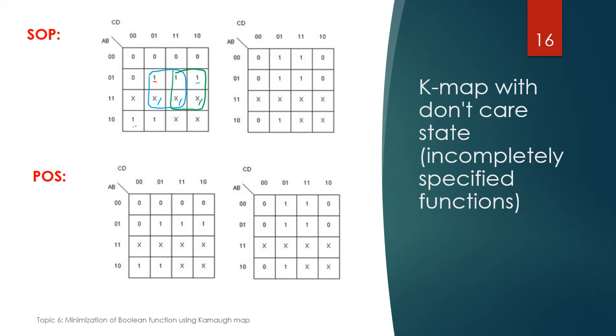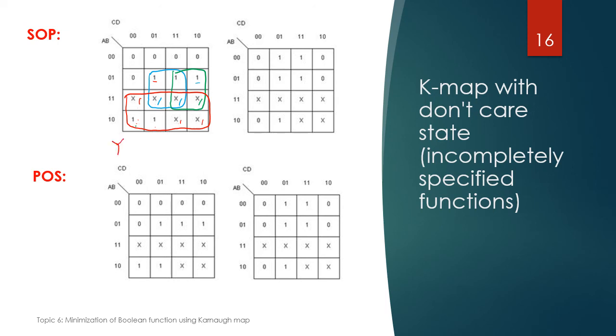If we look at the squares adjacent to these two, they are all x. So if we pick them all to be 1, I can actually make a group of 8. That's the simplest result I can get. So in this case, I make all the don't care states equal to 1, because that gives me the best result.